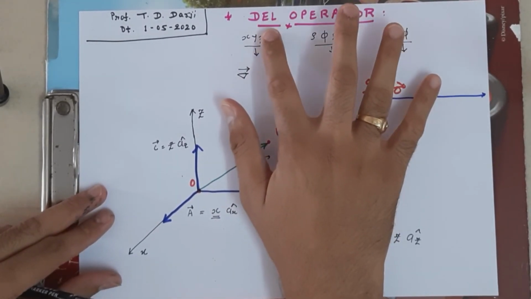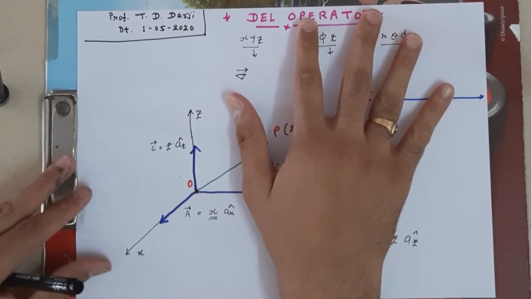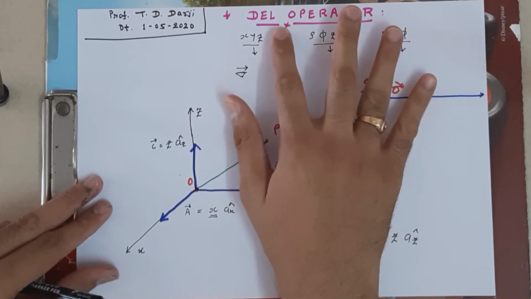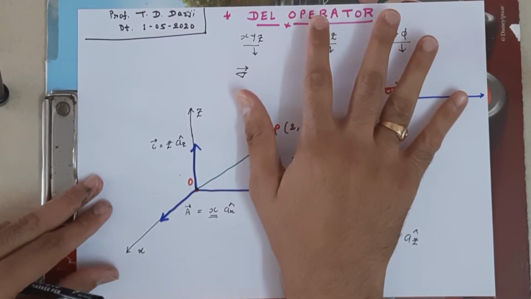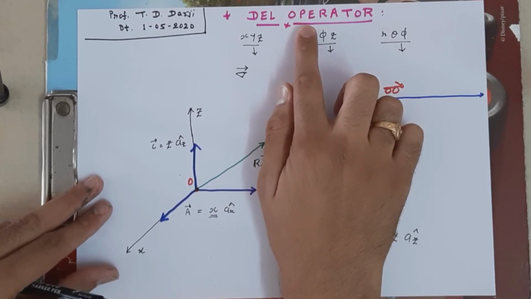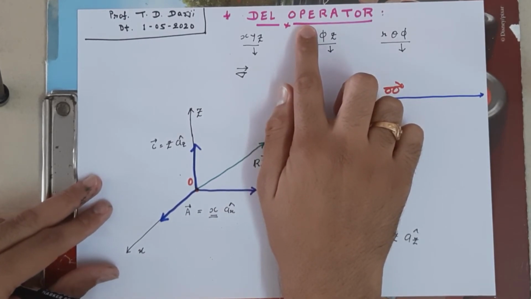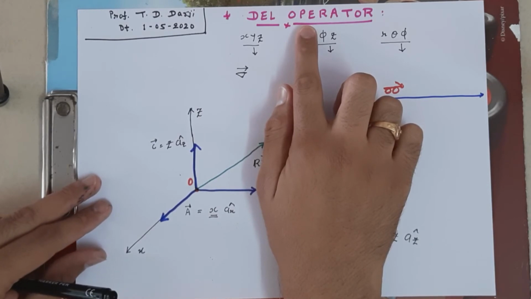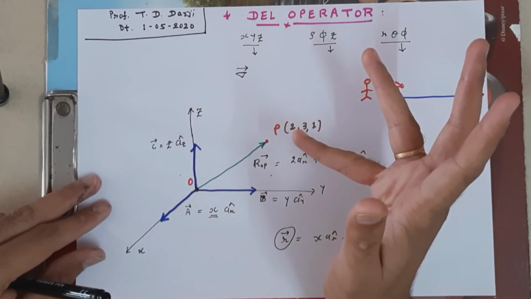So what is exactly the application of the Del operator? The Del operator is used to find out the change in magnitude, change in direction, and how much amount of your scalar quantity is changed.